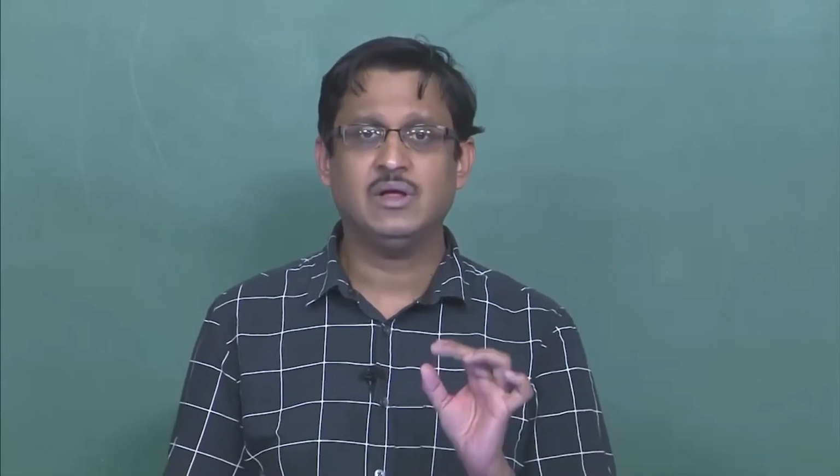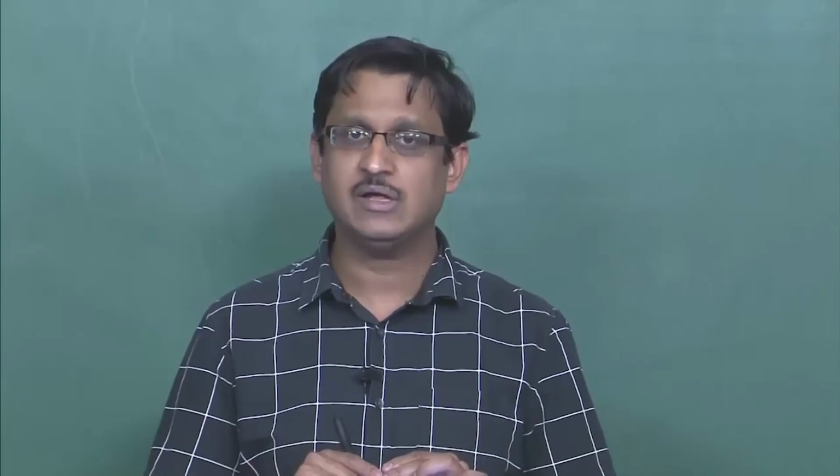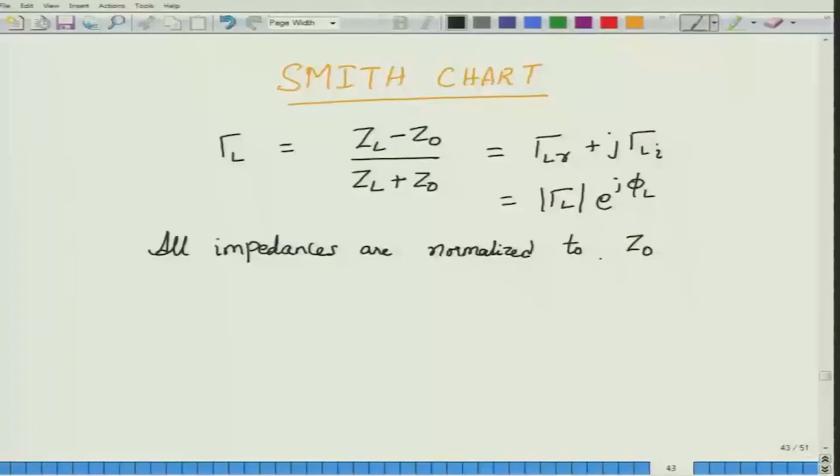So this is just a way for us to use a single, universal chart for any type of transmission line whose impedance is Z0, and if the impedance is different, you simply normalize every impedance by the characteristic impedance Z0. So all impedances are normalized.